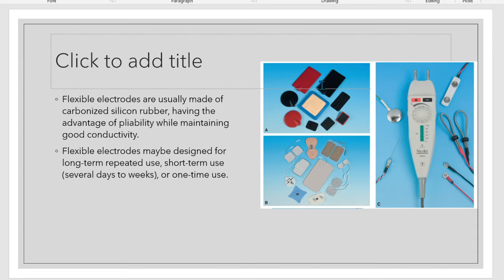Most of the flexible electrodes used for a long time are made of rubber. The one-time use ones have a cloth backing with adhesive. With the rubber, you need a coupling medium, usually gel.